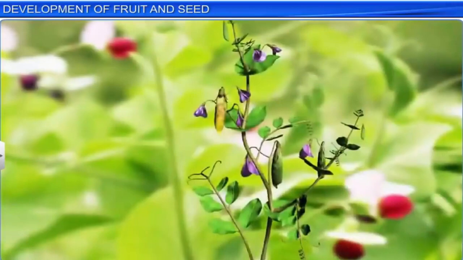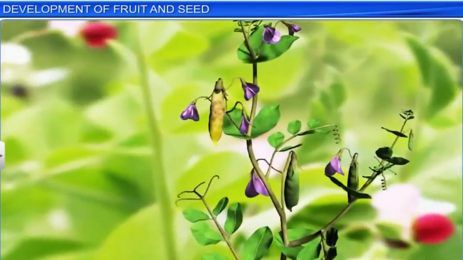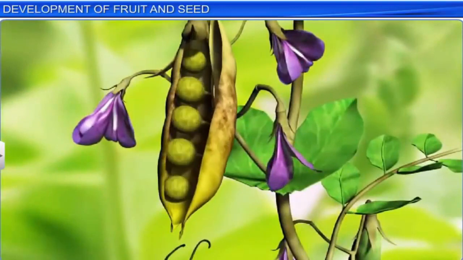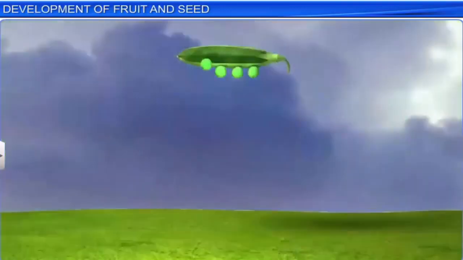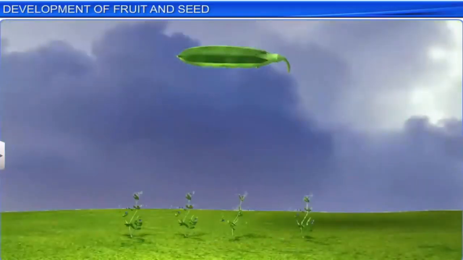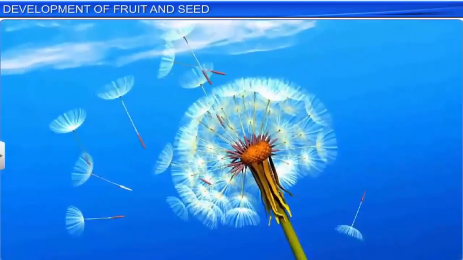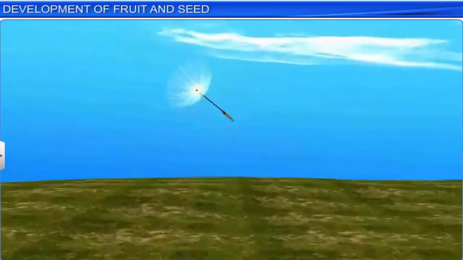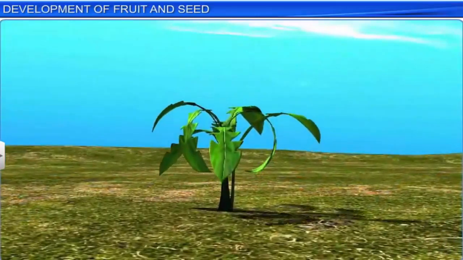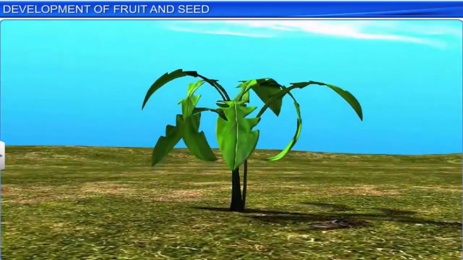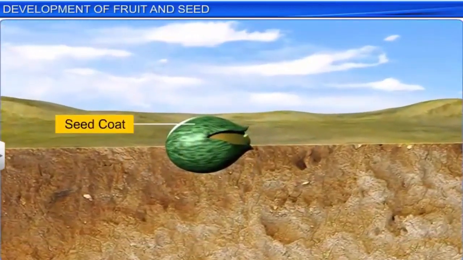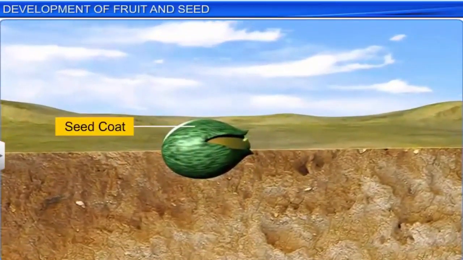Seeds, a character unique to angiosperms, also offer many advantages to these groups of plants. Seeds have special mechanisms such as bursting or wings that help them disperse to new habitats, thereby allowing plants to claim new areas to propagate. In addition, the seed's tough outer coat protects the embryo from hostile environmental conditions.